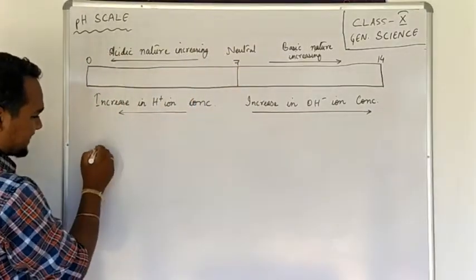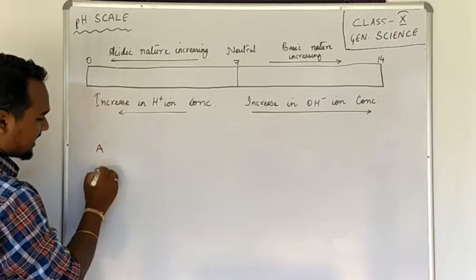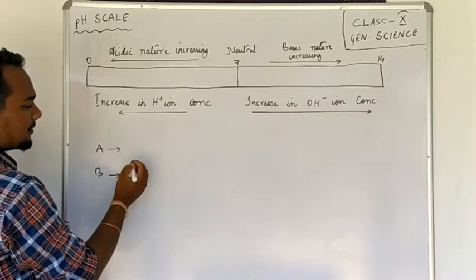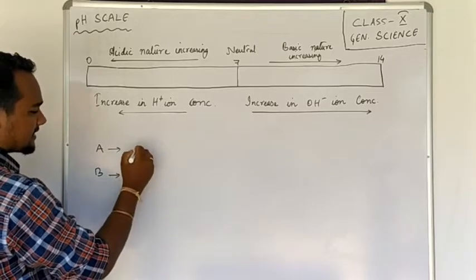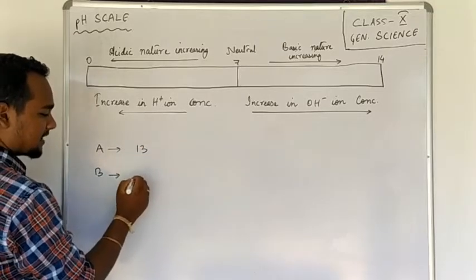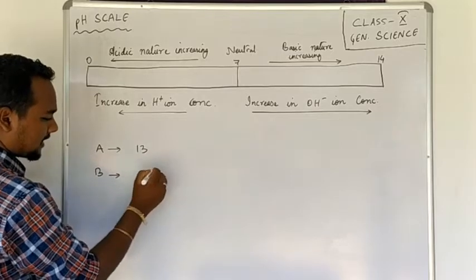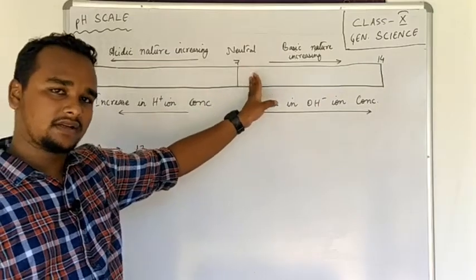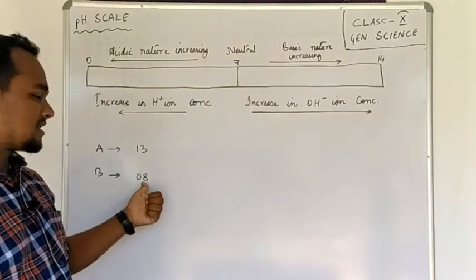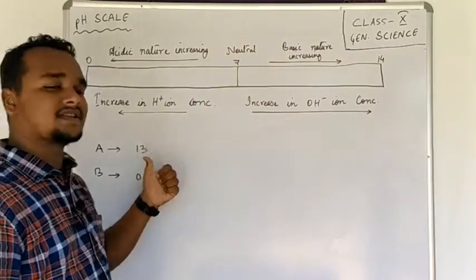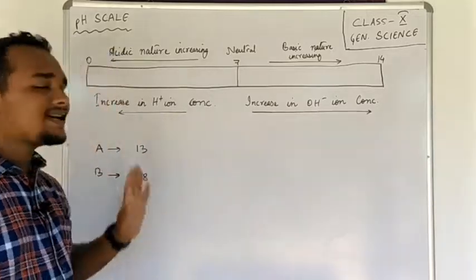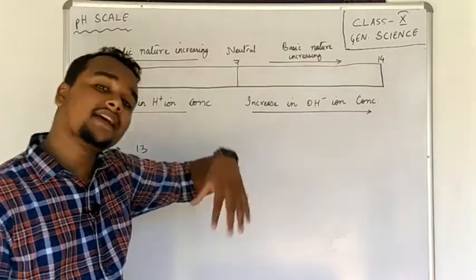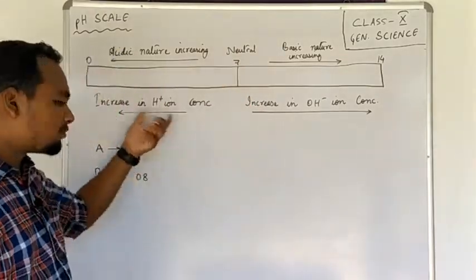let me just say that I have two substances, A and B. The pH of A is 13 and the pH of B is 8. As I have said, 7 is neutral. Now the pH of substance B is 8 and the pH of substance A is 13. Are they acidic or basic? Since the number is more than 7, both of them are bases.